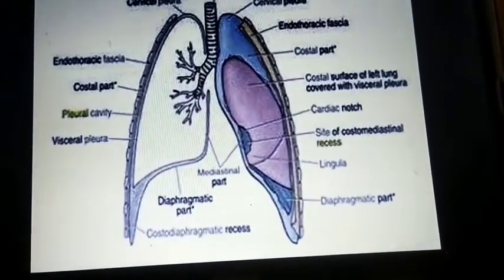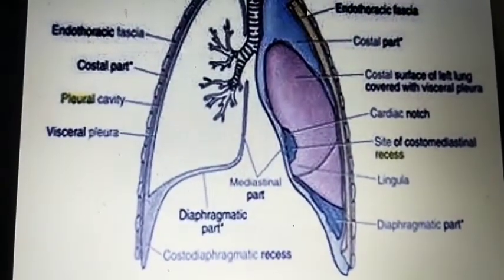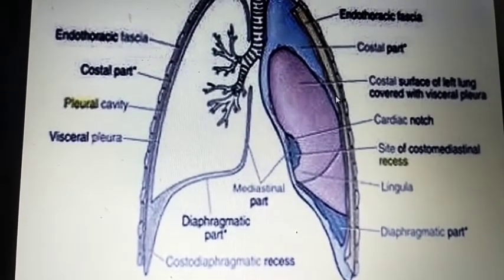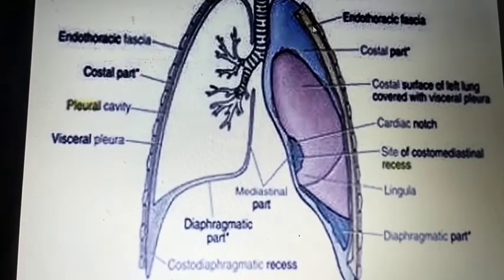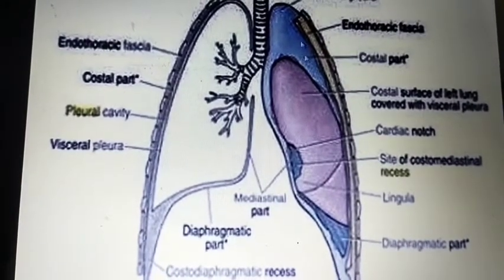How is the pleura arranged? This is the chest wall, or thoracic wall, or rib cage. Just behind the rib cage there is one thin membranous layer. That layer is called the parietal pleura.